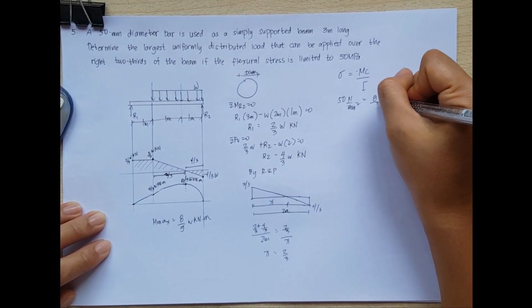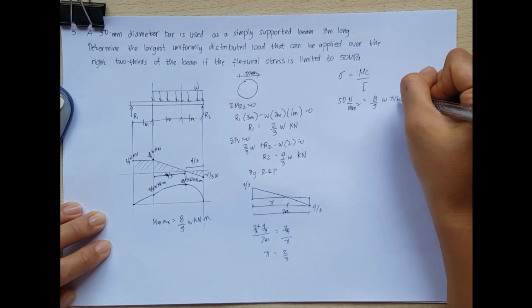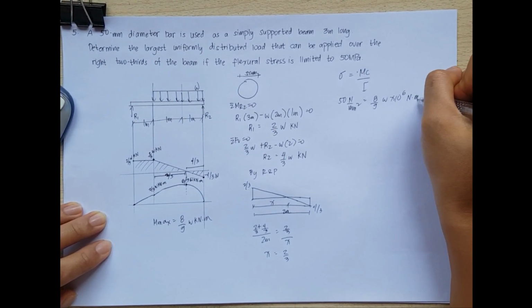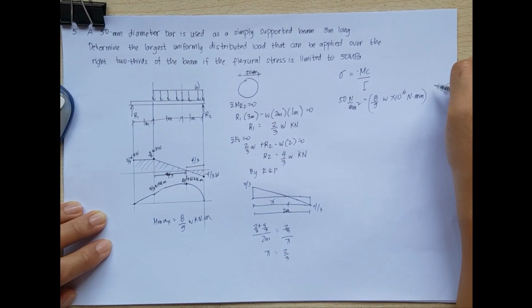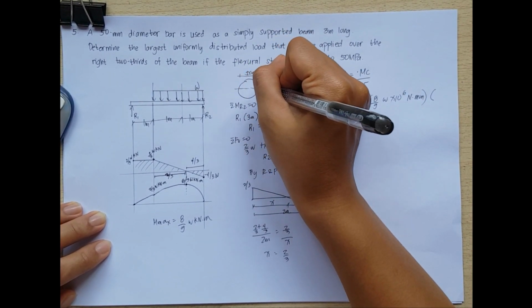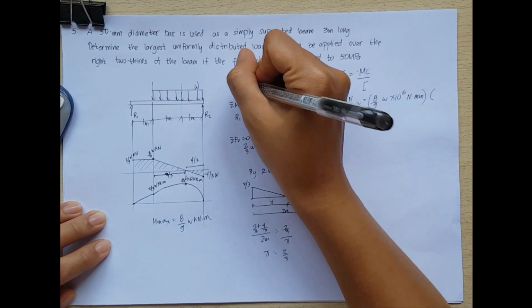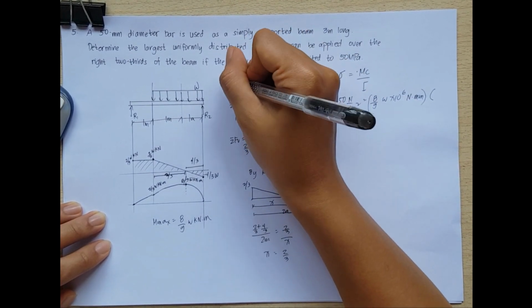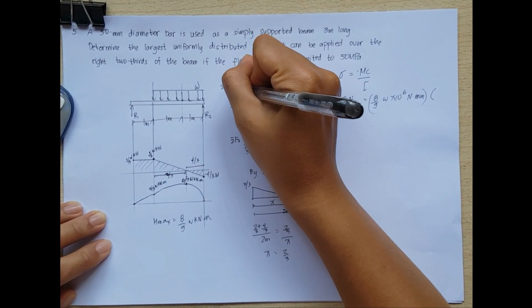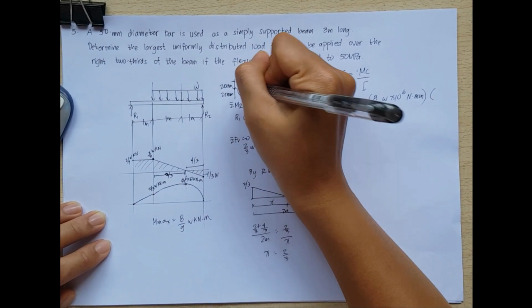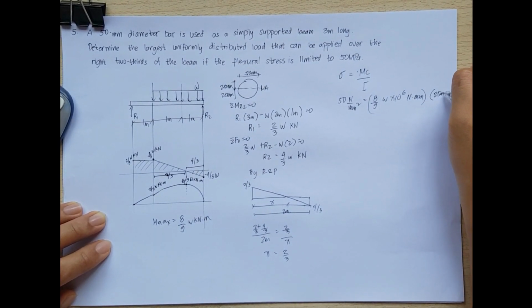Moment is 8/9 of W times 10 raised to 6 Newton dot millimeter. So, yung C natin, so ito yung neutral axis. So, yung C is just the radius. So, it is 25 millimeters.